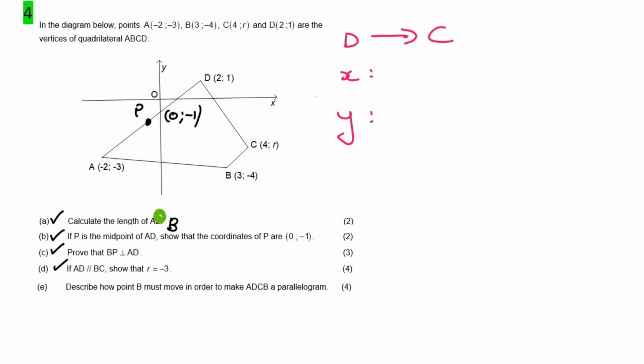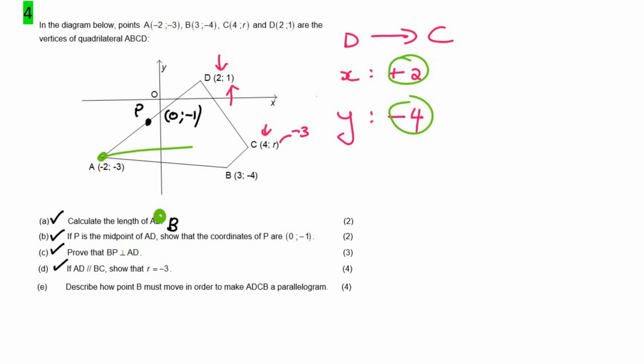So if you look at the X values, they're going from 2 to 4. So the X values, you're plussing 2. And if you look at the Y values, you're going from 1 to R, which was minus 3. So to go from 1 to minus 3, you're going down by 4. So we're going to go down by 4. So we can now take those little parameters and we can start at A and we can do the same thing.